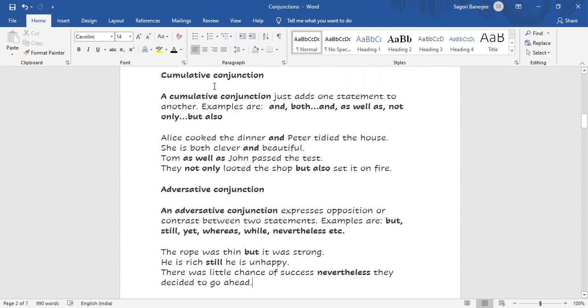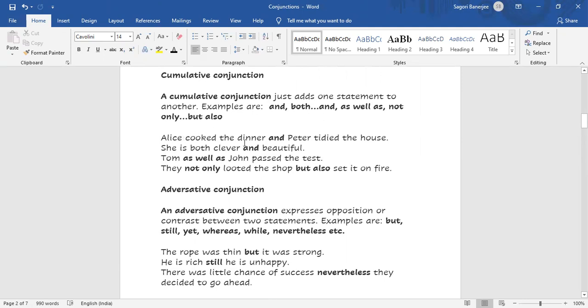Cumulative conjunction, it is a part of coordinating conjunction, adds one statement to another. Means two general statements, not a comparison, not opposition, not contrast, not like that. General statements. Cumulative conjunctions join two general statements. Like examples, and, as well as.